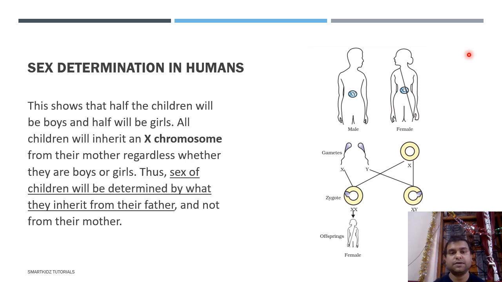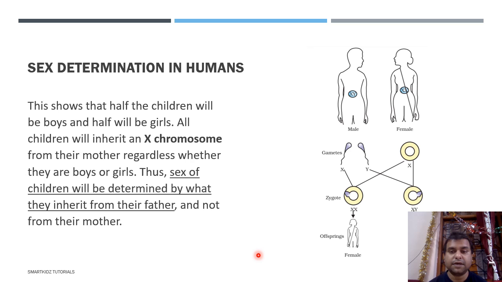If the male donates an X chromosome, then the X chromosome from the male will pair up with the X chromosome of the female, and the resultant will be a girl, as seen over here.